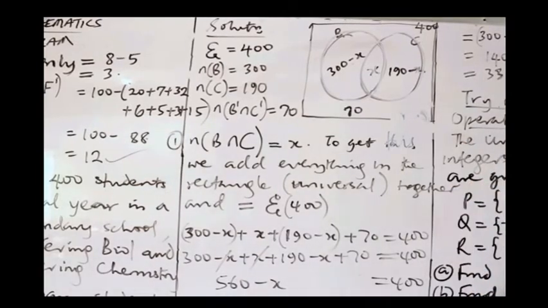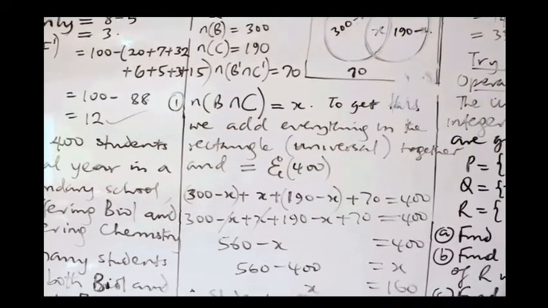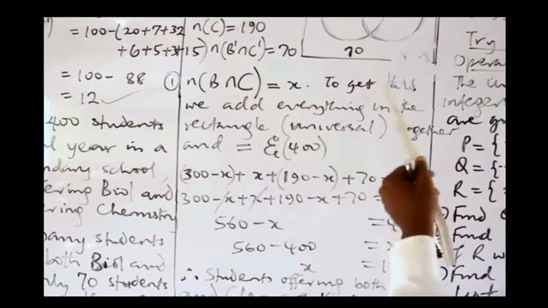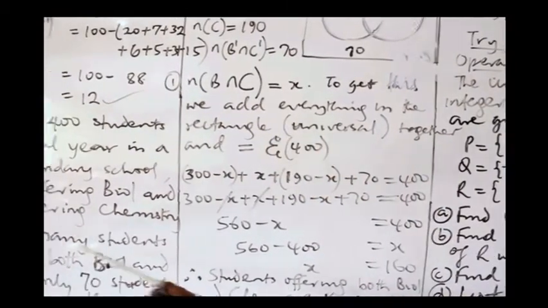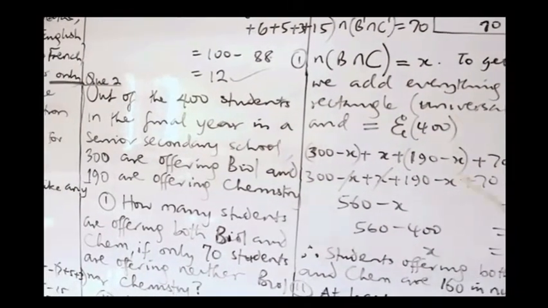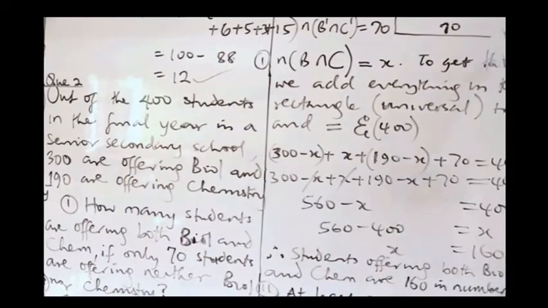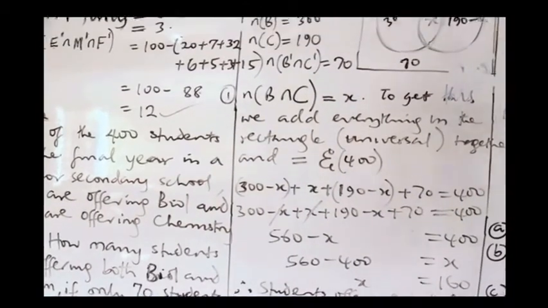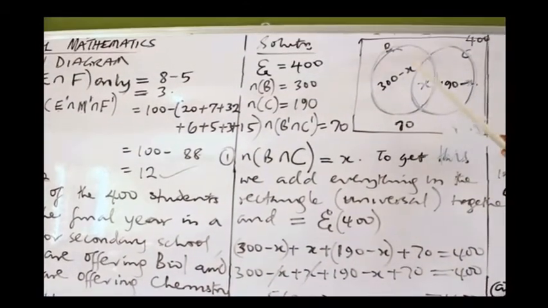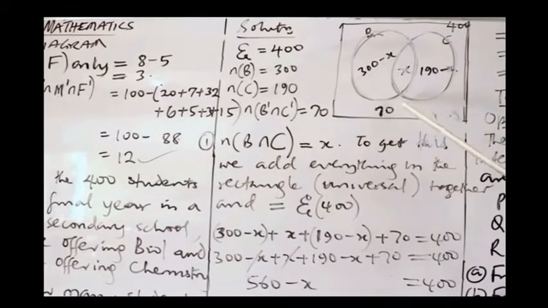Let me quickly go because of our time. Now, the first question: how many students are offering biology and chemistry? I represented it by X. And to get this, we add everything in this rectangle together, this plus this, even plus this.